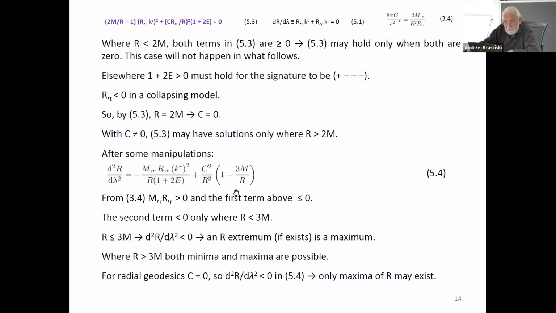And the second term is negative only where r is smaller than 3m. So when r is smaller or equal to 3m, then this second derivative is negative, and this r extremum, if it exists, must be a maximum. Now, where r is greater than 3m, both minima and maxima are possible. Now, for radial geodesics with c equal to 0, the second derivative is always negative, so only maxima can exist on radial geodesics.